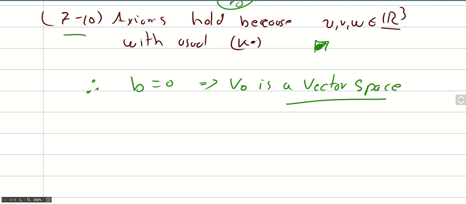So we have proved both sides. So as a conclusion, V is a vector space if and only if b is equal to 0.